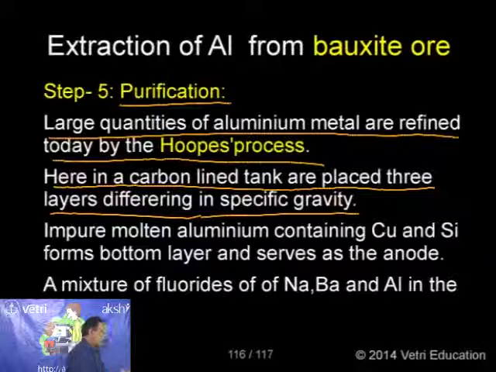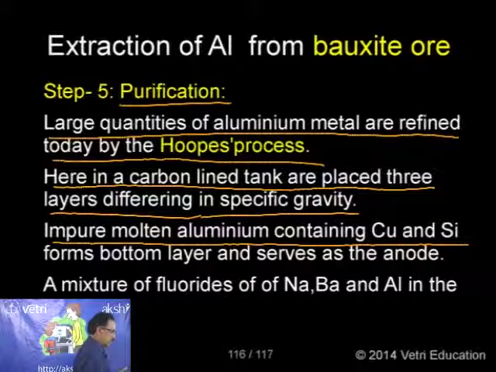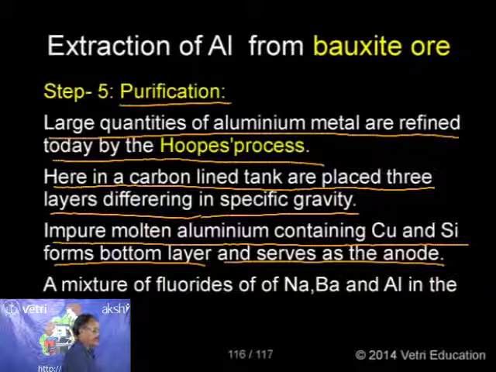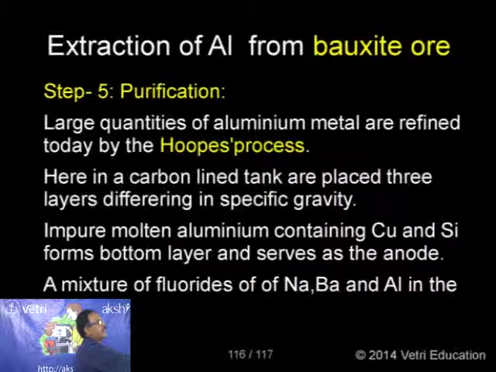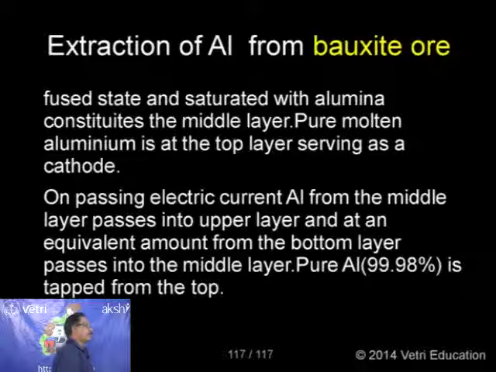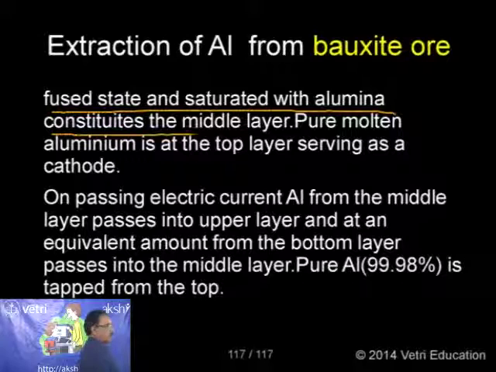Impure molten aluminum containing copper and silicon as impurities forms the bottom layer and serves as the anode. Then a mixture of fluorides of sodium, barium and aluminum in the fused state, saturated with alumina, constitutes the middle layer.